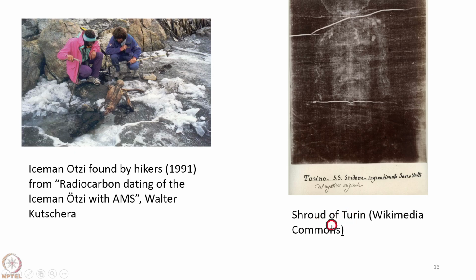This was done, and it turned out that, at least from the samples given by the priests to the scientific community of people who dated using accelerator mass spectrometry, it is only about 700 years before the present. Of course, there is still a controversy saying that maybe these samples are not the right ones, maybe other samples should have been taken, and so on.